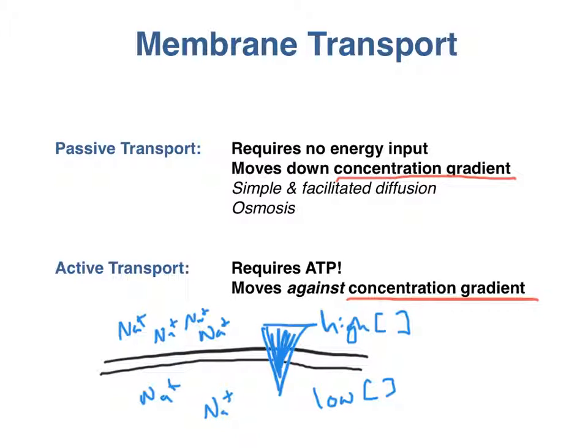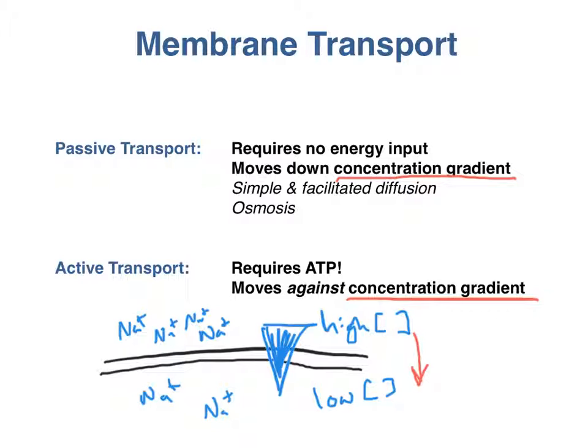Now, substances in a liquid or a gas have a natural tendency to move down their concentration gradient from an area of high concentration to an area of low concentration. This is just due to the intrinsic energy of small particles like ions in liquid or, say, perfume molecules in air.